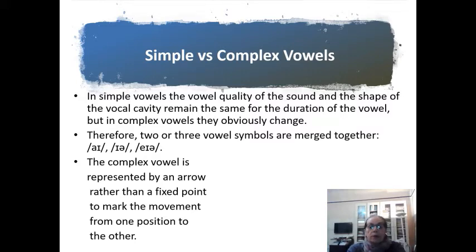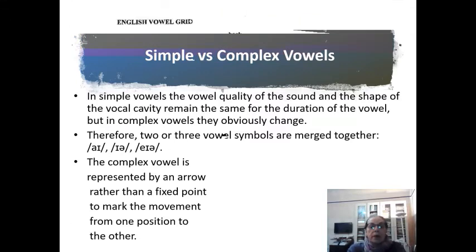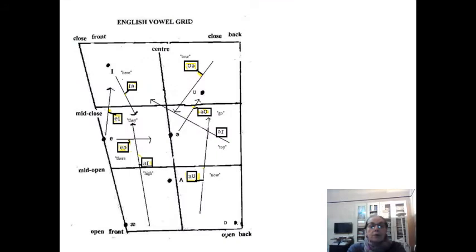A complex vowel is represented by an arrow rather than a fixed point, a mark to show the movement from one position to another. The complex consonants were represented by two symbols joined together, as in ch and j. But here we have an arrow, because the arrow on the grid shows me where the movement is.